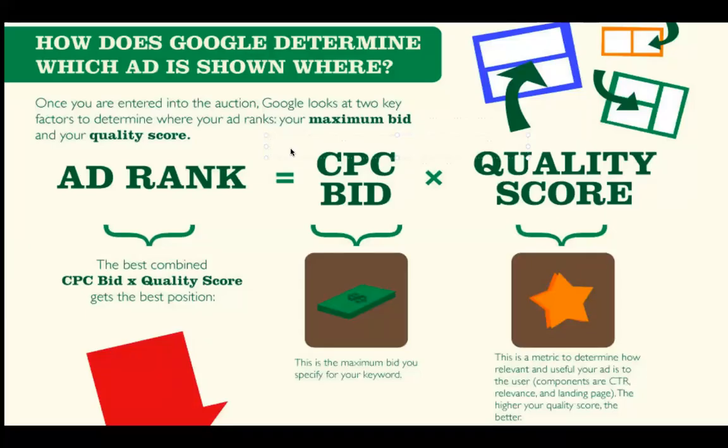Like here, let us say we are a small company, and our budget for 5 days is $10. We want to spend $2 per day. That's what we are going to spend per day.